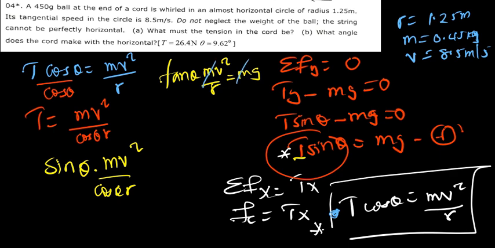So if I cross multiply, I'll end up having tan theta is equal to v squared... Oh, it should be v squared. Then what? What else?